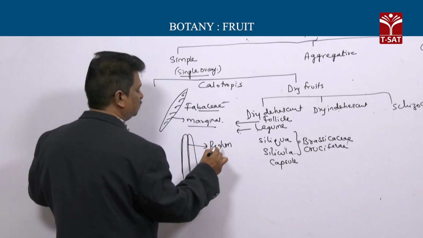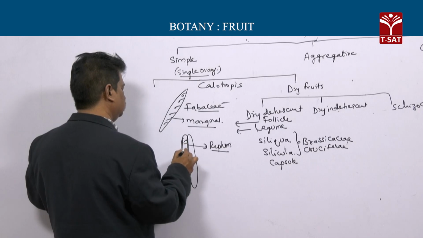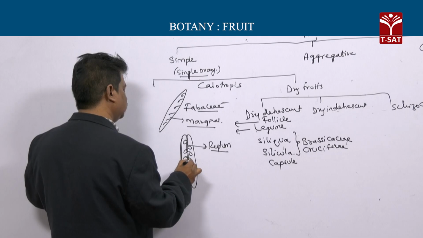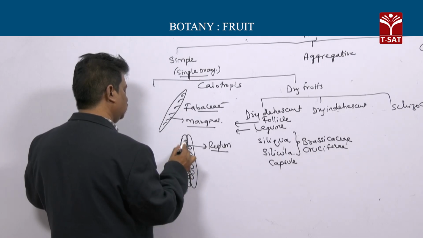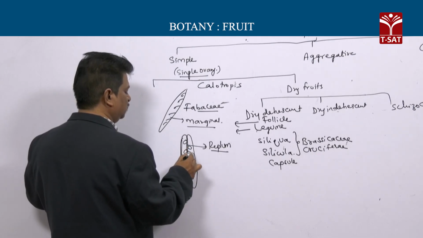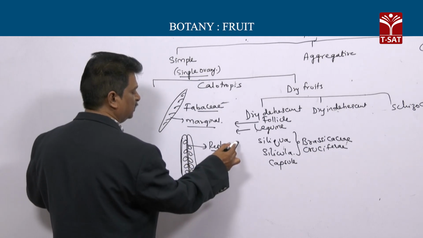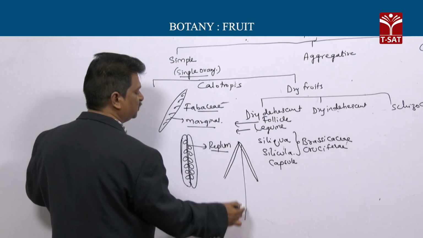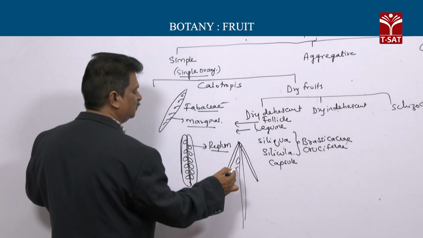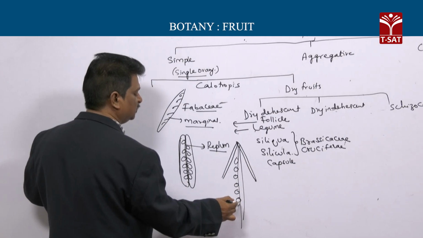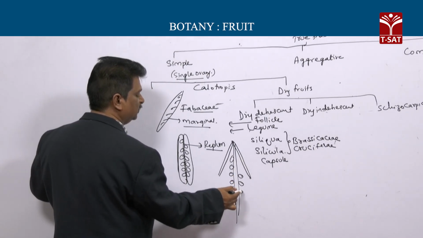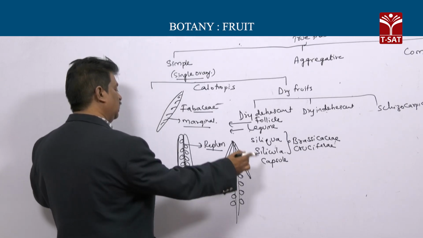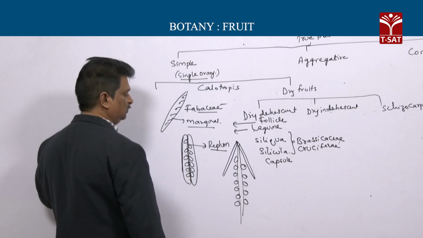That false septum is called a replum. Generally, seeds attach to replum, and after maturity, this pericarp breaks from bottom to top and exposes that replum for seed dispersal, called siliqua. Example, mustard.